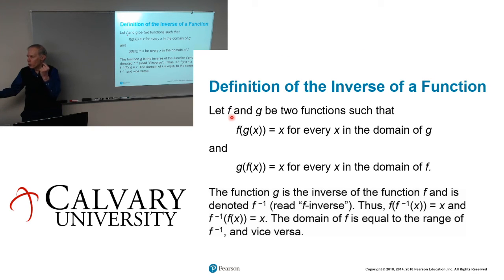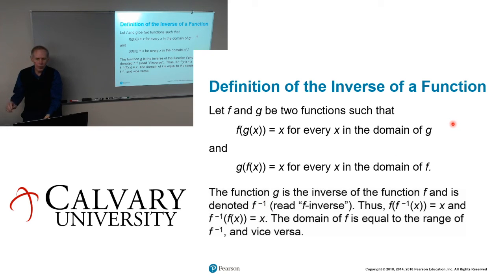If you have two different functions, f and g, such that f of g of x is equal to x, and g of f of x is equal to x, they are inverses. And this symbolism right here is read f inverse of x.